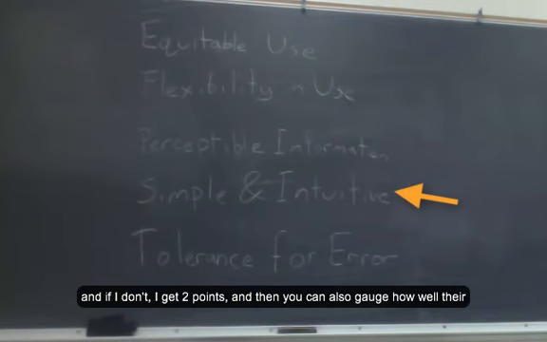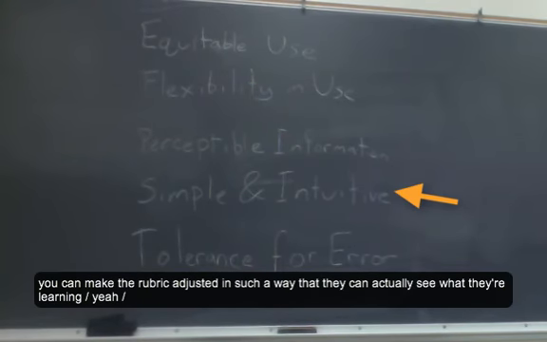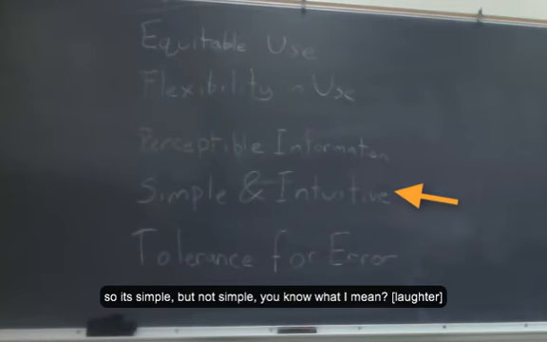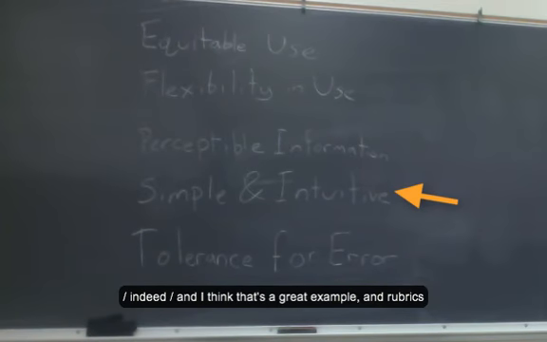And then you can also gauge how well they're understanding what they're trying to learn, because then you can adjust the rubric in such a way that you can actually see what they're learning. And so it's simple, but not simple. You know what I mean? Does that make sense? It's emergent simplicity that contains within it so much complexity. Indeed. And I think that's a great example.